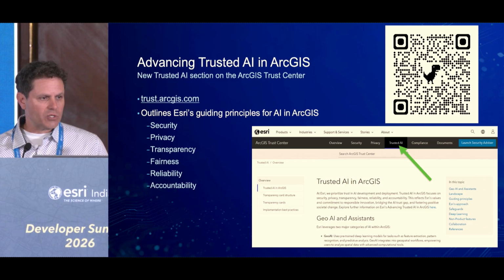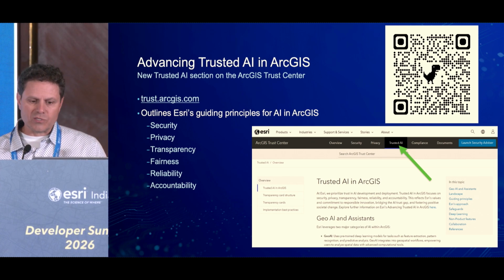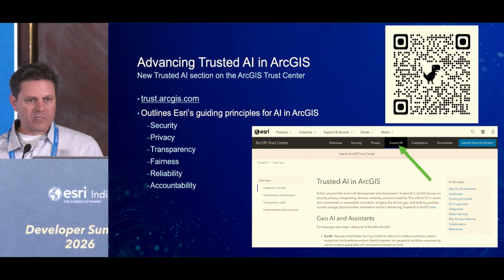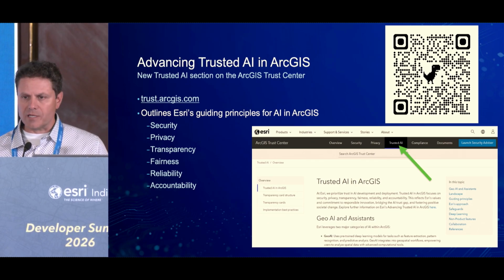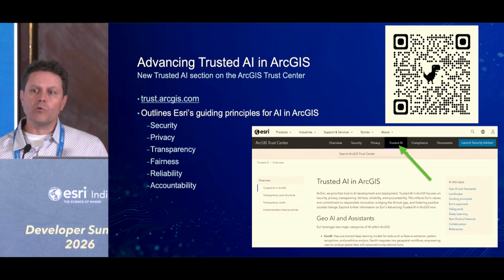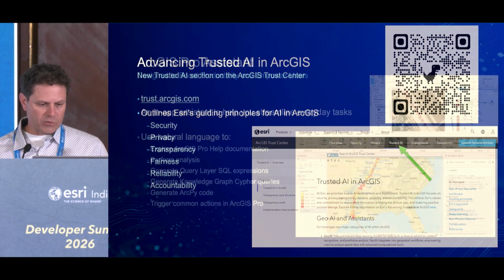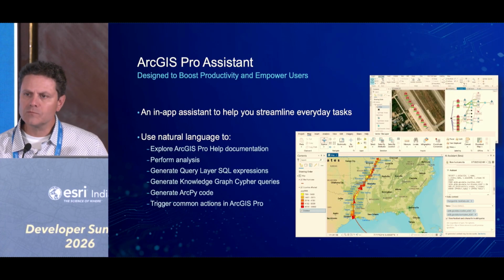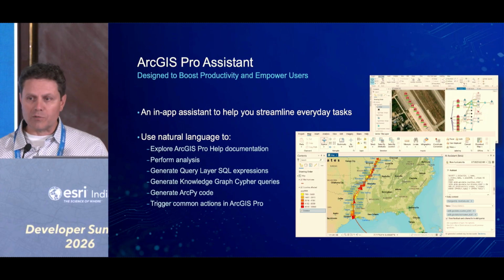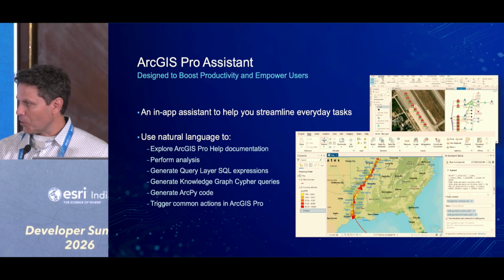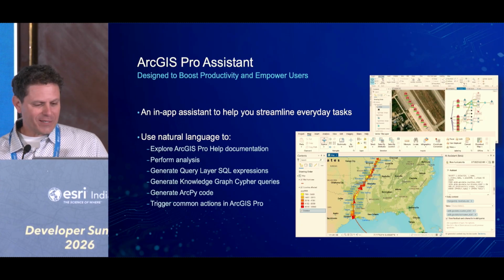We talk about the security that we use, the transparency, the fairness, the accountability, the models that we use in our AI, and the purpose is to instill a sense of trust in you that we're implementing AI in a responsible manner.